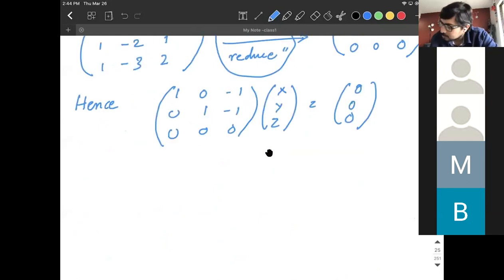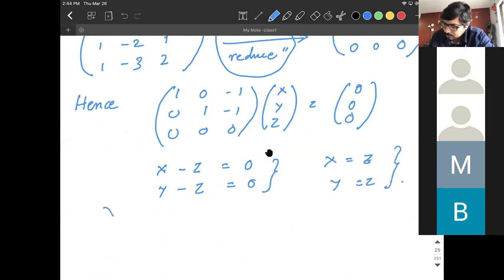So let's see, what does it give? From the first row, if you multiply, it gives x minus z equals 0, then y minus z equals 0, and that's it. So these are the two equations that we have, which means that x equals z and y equals z. Or in other words, x equals y equals z. So a general solution has this form.